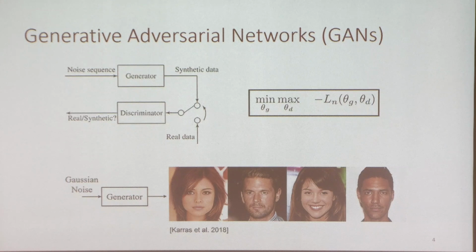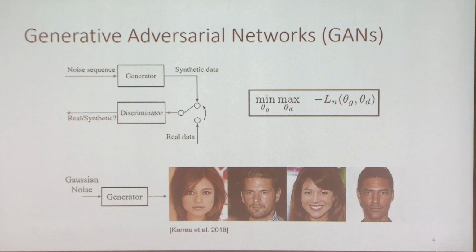So just very briefly, for maybe those of you who are not familiar with this, you have 2 boxes here. The top block is a generative model that takes in a noise seed or a noise sequence and tries to generate synthetic data, synthetic but real-looking data. And then there's a discriminator that is fed either synthetic data or real data, and it's trying to figure out, is what I'm seeing synthetic or real?